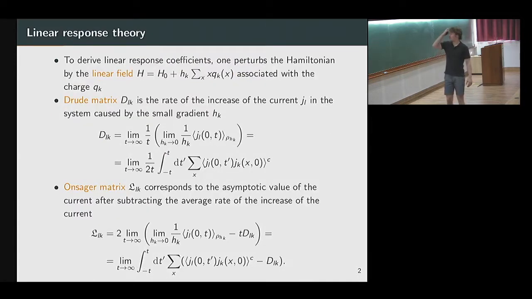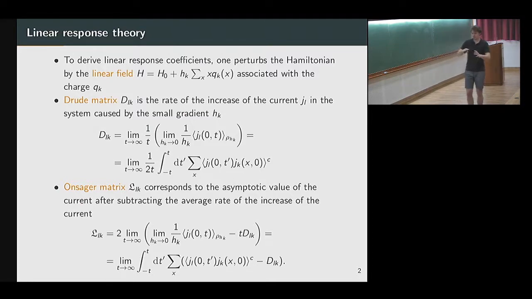Okay, let's be a bit more quantitative. How do we probe different types of behavior? We do the standard Kubo linear response approach. We take our Hamiltonian, which is the dynamics we want to probe, and we introduce a gradient of charge with an appropriate field associated with the charge.